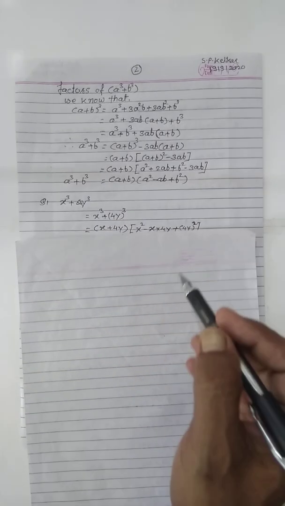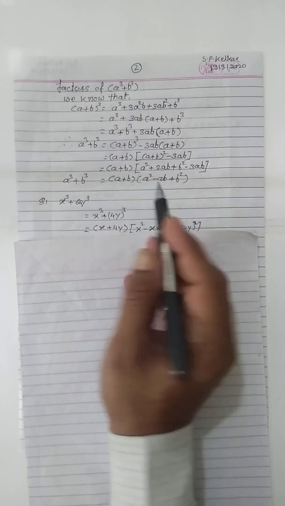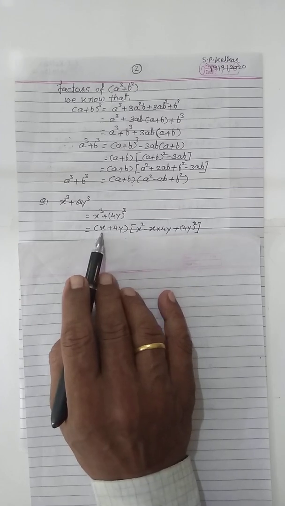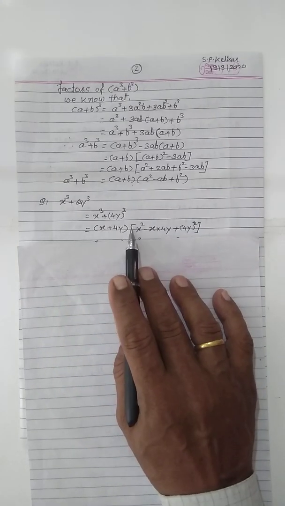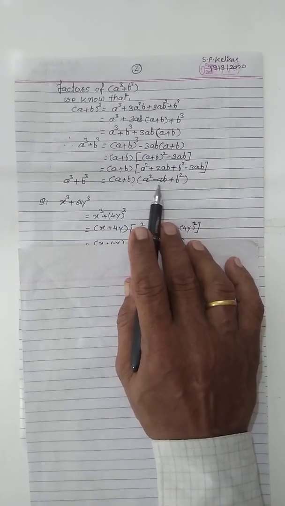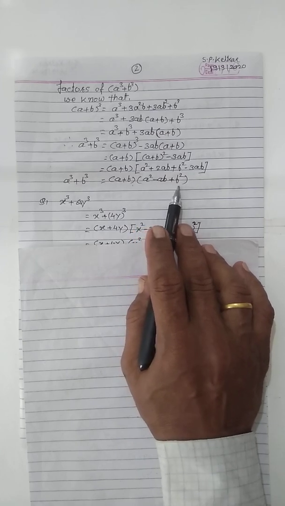Then in the first bracket, a plus b means first term plus second term: first term x and second term 4y, so x plus 4y in one bracket. In the square bracket: square of first term minus product of the two terms plus square of second term.